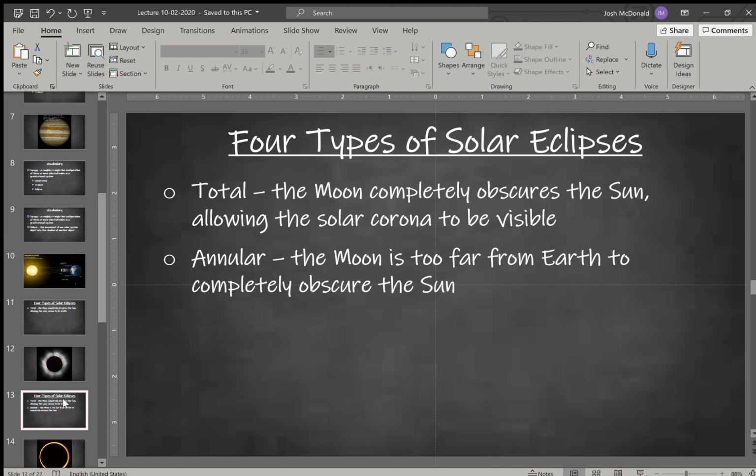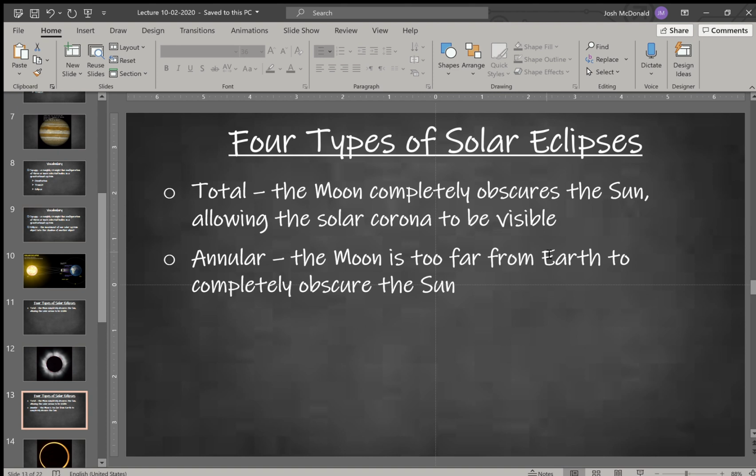Then there's what is called an annular eclipse. If you remember, we looked at the orbit of the moon around the Earth, and we talked about how there are times when it is further away, called apogee, and times when it is closer to the Earth, the perigee. That difference in distance changes the size that the moon appears to us as the observer.